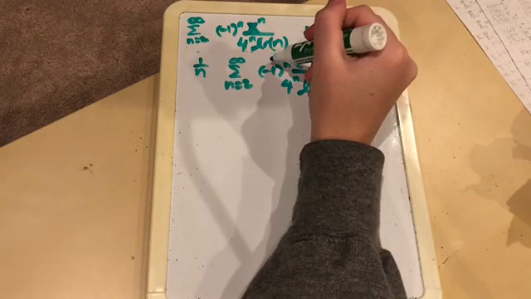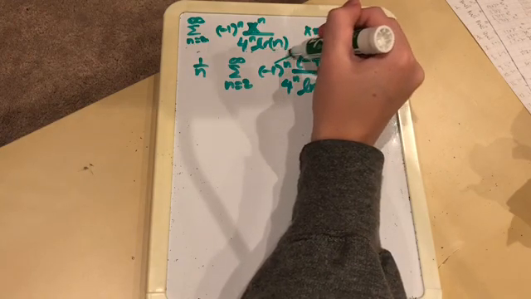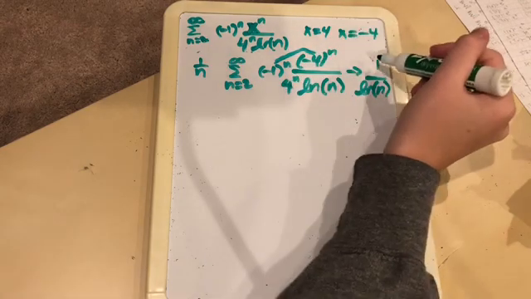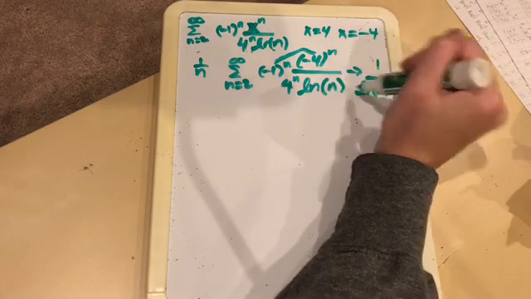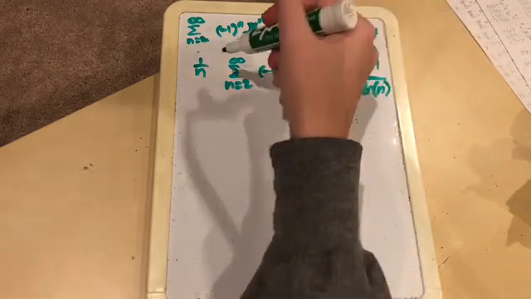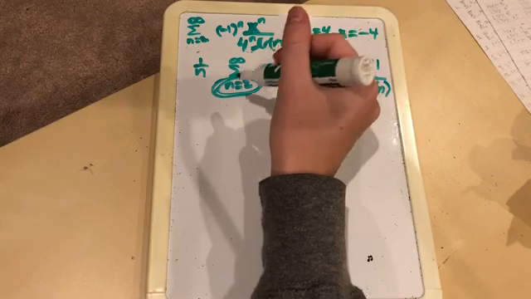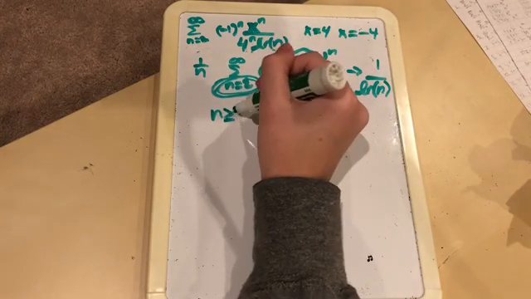Because if both of these values were negative, they would cancel and then cancel with the 4 to the n in the denominator. So you're left with a 1 and then the remaining ln of n. So in this series, we have n greater than or equal to 2.